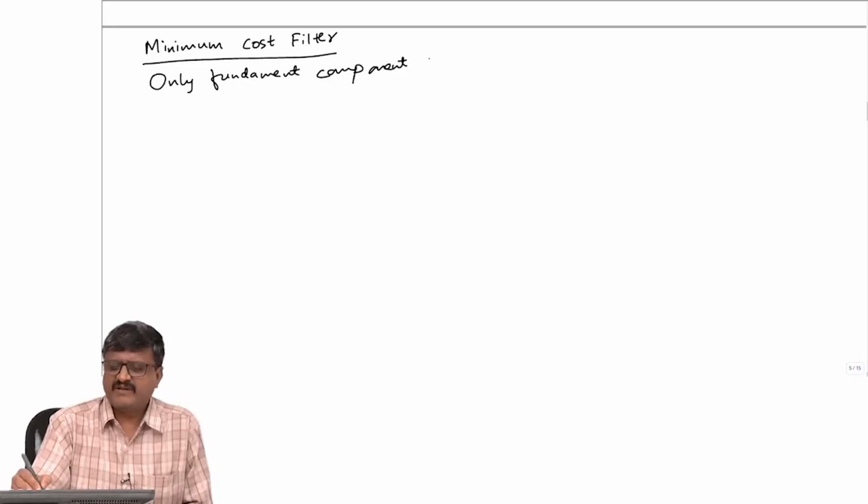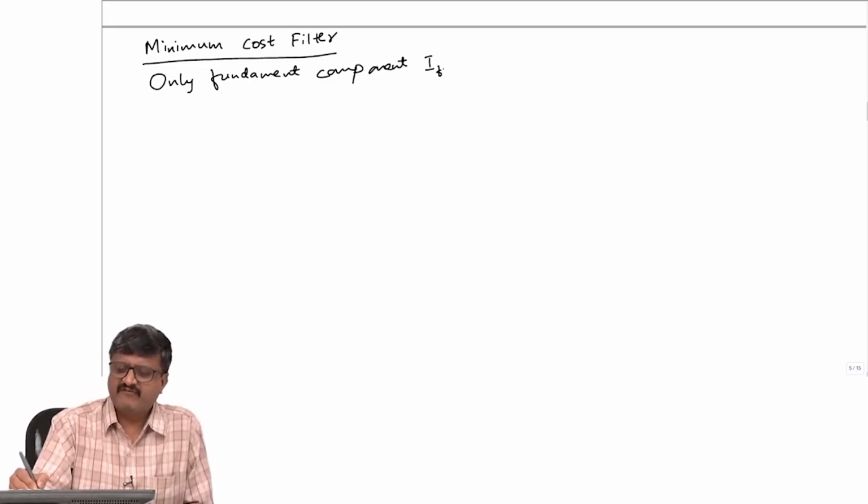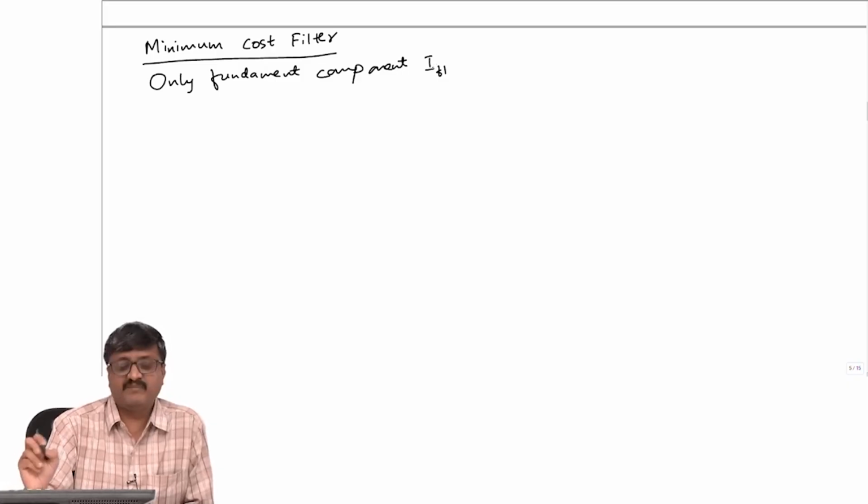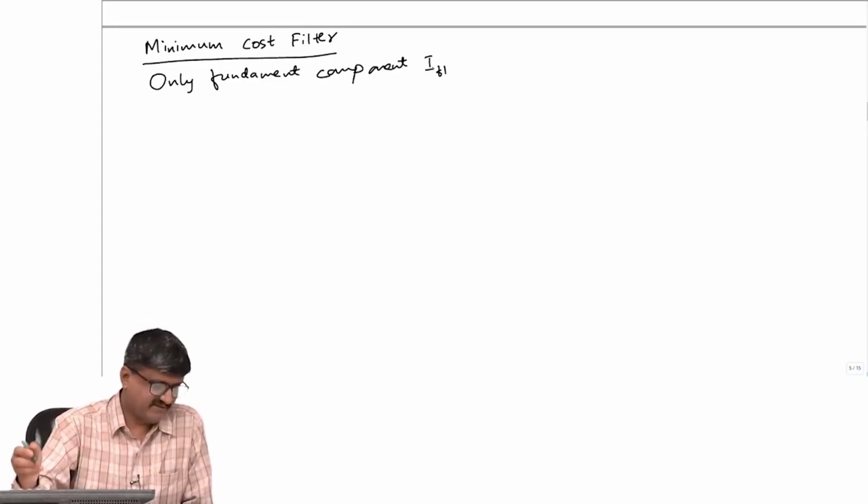So I will use a notation IF1, F for filter, 1 for fundamental. Please note, this fundamental component is not the fundamental component of current through the converter. This is the current through the filter.